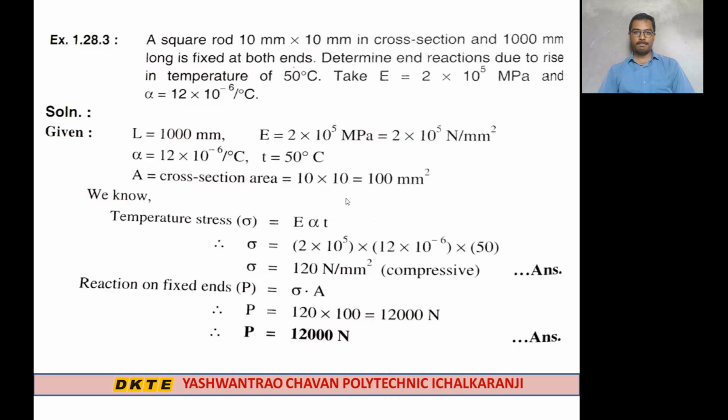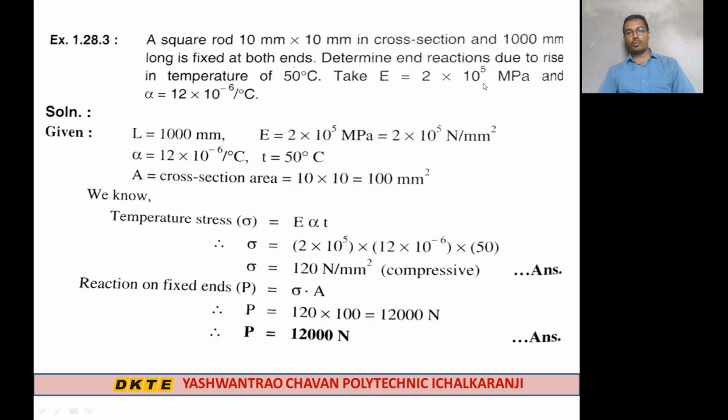Second problem: a square bar rod 10 millimeter by 10 millimeter in cross section and 1000 millimeter long is fixed at both ends. Determine end reactions. End reaction means load. We have to calculate load due to rise in temperature 50 degrees centigrade.